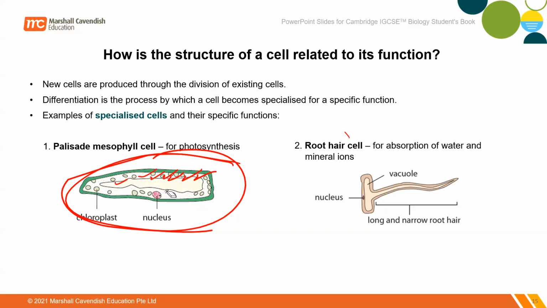So this is an adaptation. Root hair cell. The root hair cell has been adapted by having this long and narrow root hair for absorption of water and mineral ions. So the majority of root cells have some root hair, and this root hair is for more absorption of water and mineral ions.